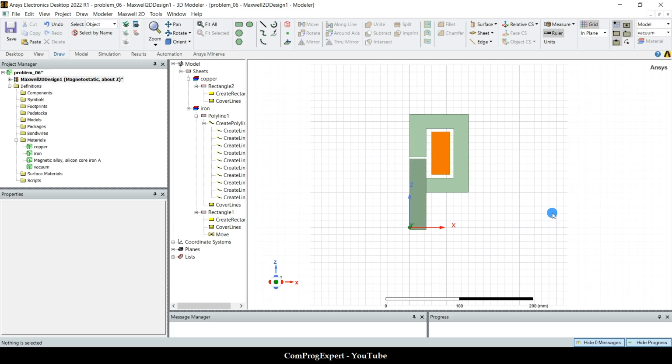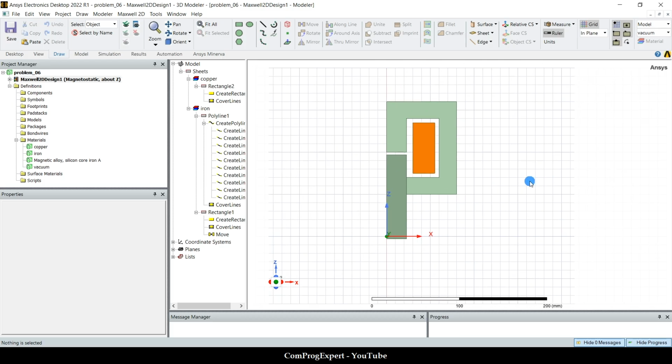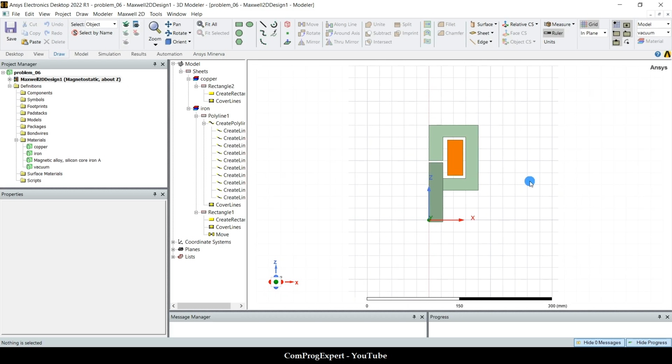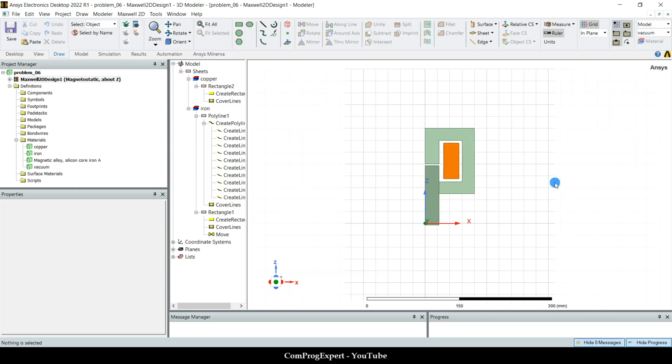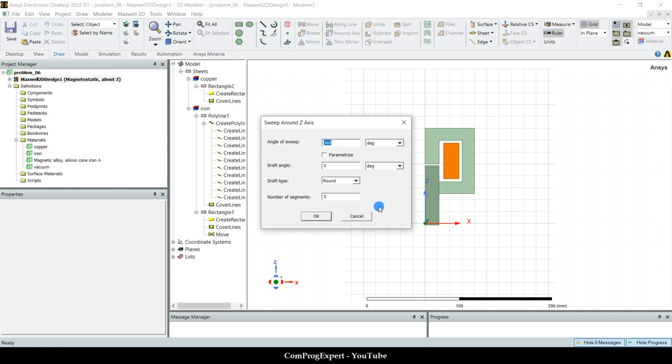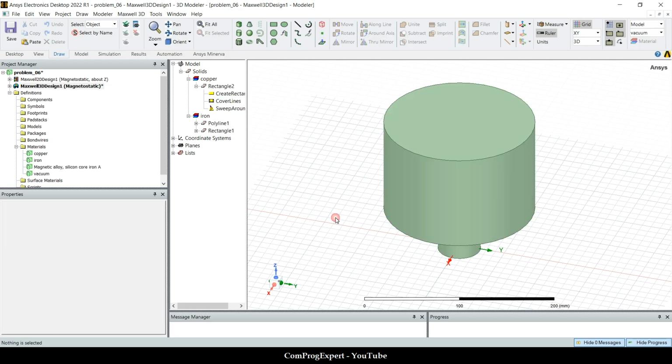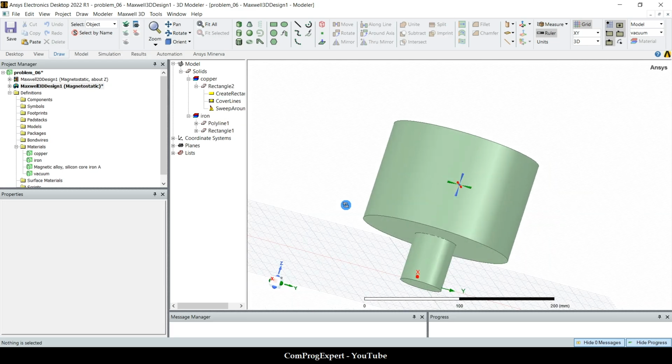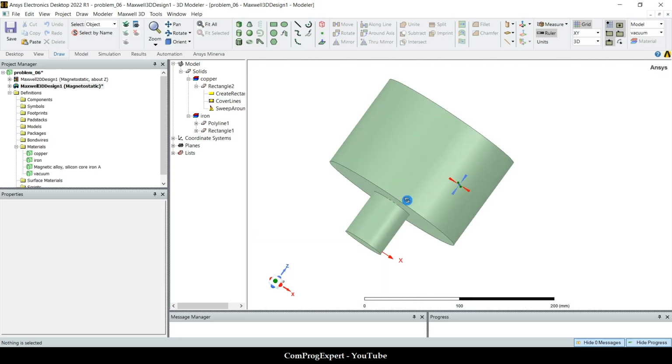Okay, so let's save. This is a 2D cross section. But if we want to create the 3D model, from here, create 3D design, angle of sweep 360, full sweep. We generated this geometry for the plunger.